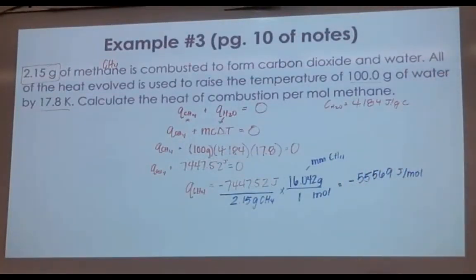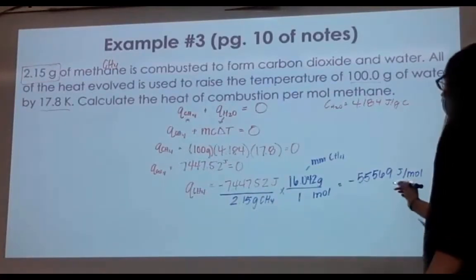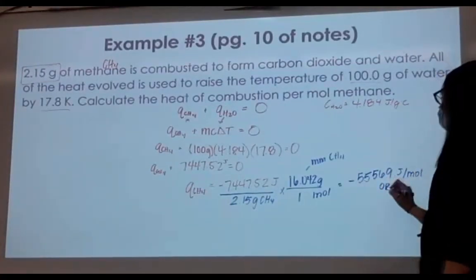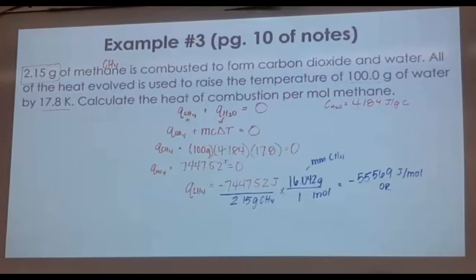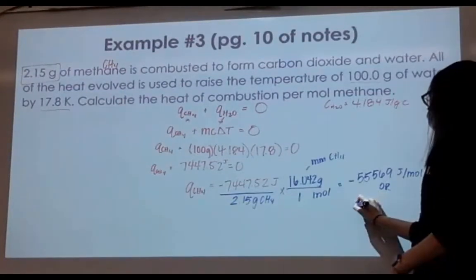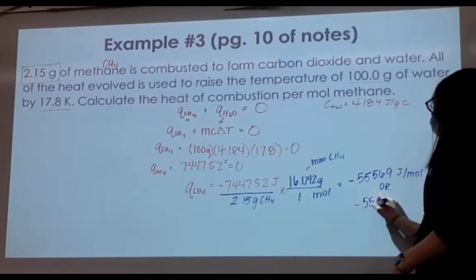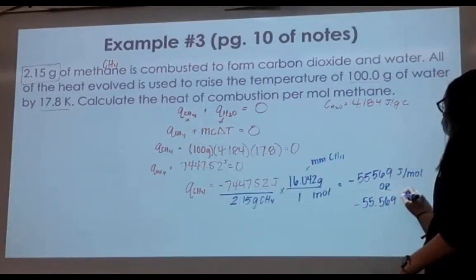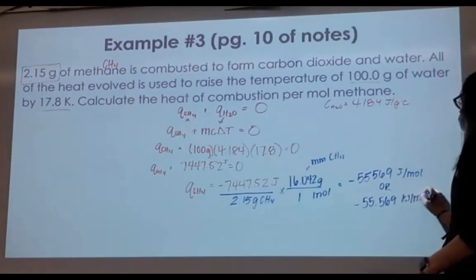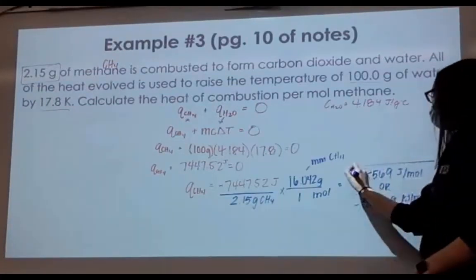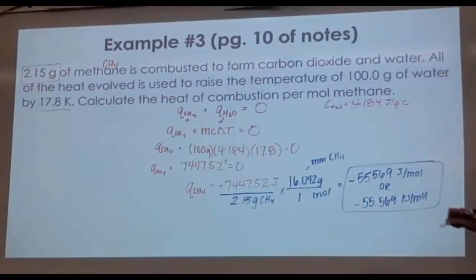Or you could make it a little bit easier to work with. Put it in kilojoules. Kilojoules, you just divide that number by 1,000. Negative 55.569. It doesn't specify joules or kilojoules, so whichever one you use is okay.